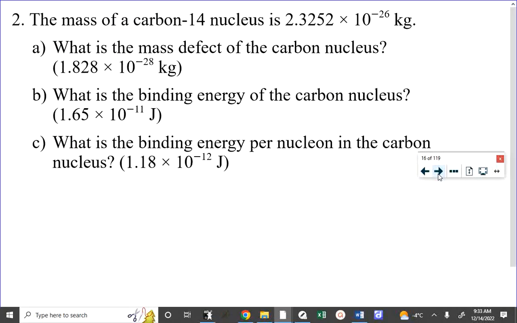All right. So we've got a carbon-14 nucleus, and there's a wealth of information when you see that carbon-14 nucleus, because you have your periodic table and you can look up carbon in case you've forgotten. It's element number 6. So when we see carbon-14, that's what we should think of.